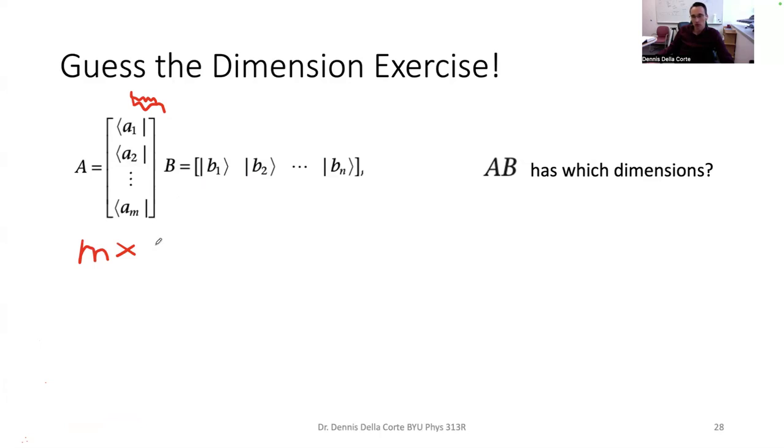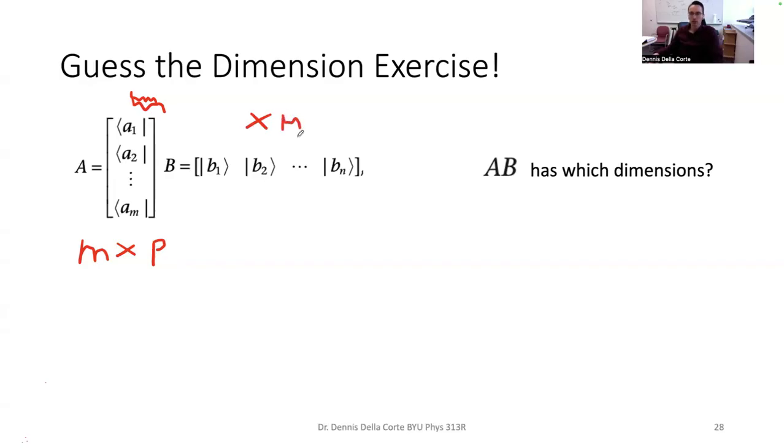Let's call it P. How about B? B is going to have some number of rows, which we don't know, and a certain number of columns, which is n, as given here. So there's definitely n columns.